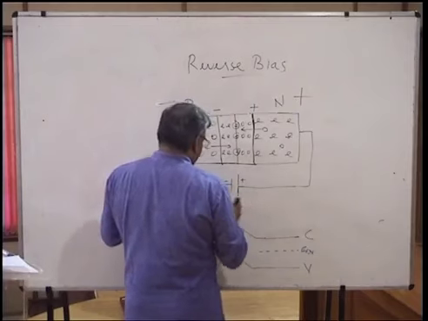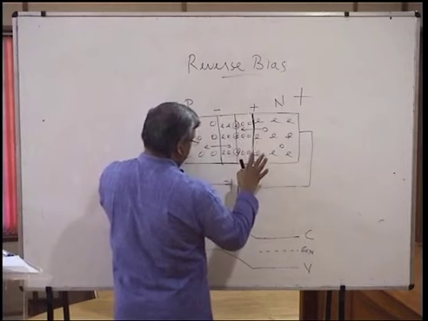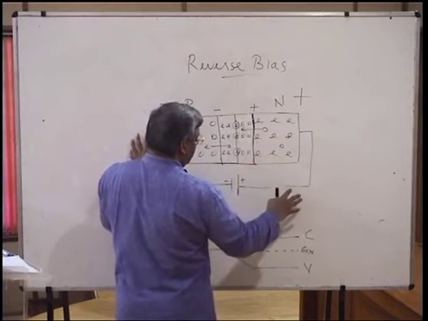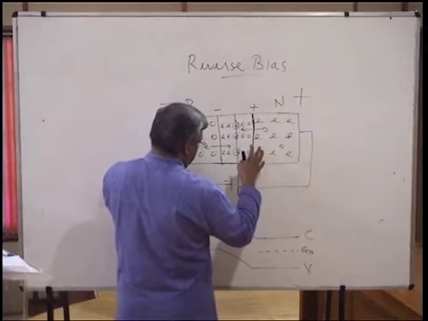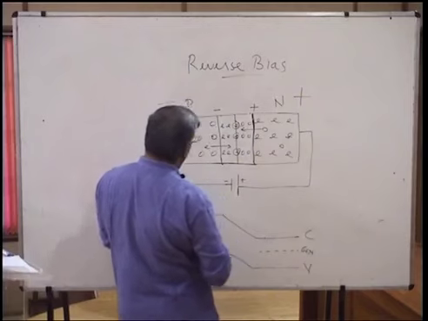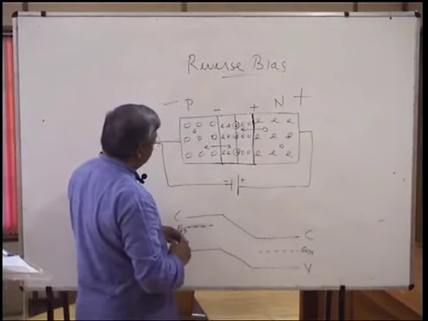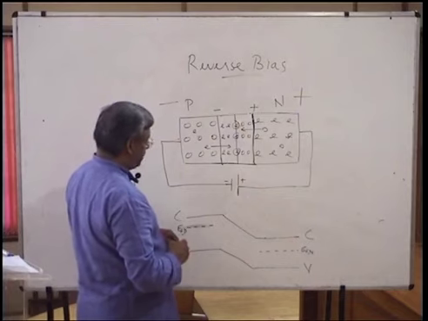So therefore, you can say that this particular p-n junction will become non-conducting. It will not allow diffusion, it will not allow drift, it will be expanding this barrier, and therefore a p-n junction under reverse bias condition will be absolutely non-conducting.